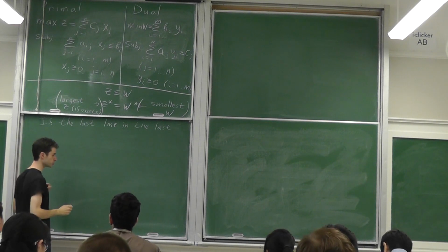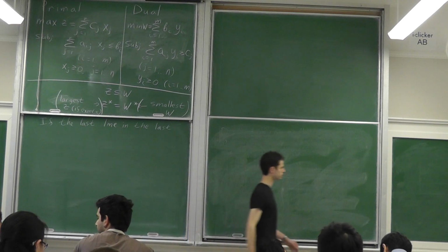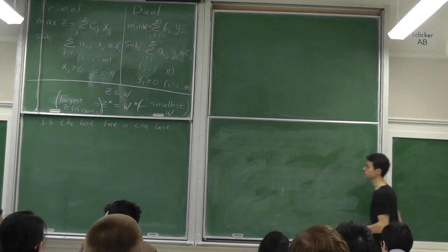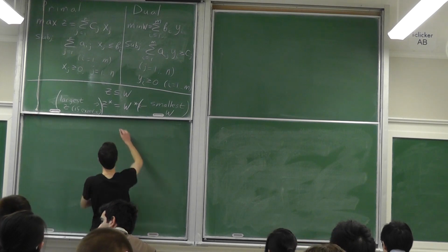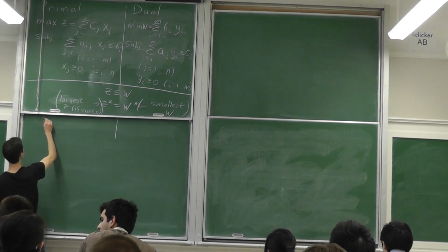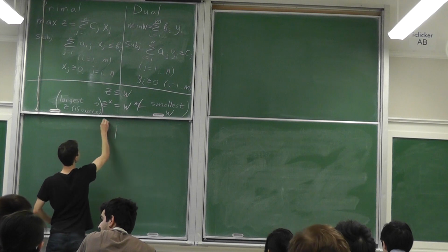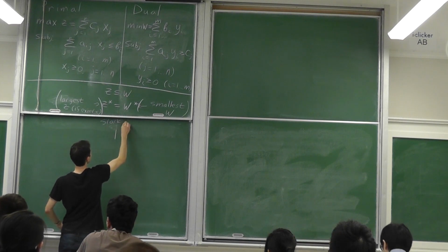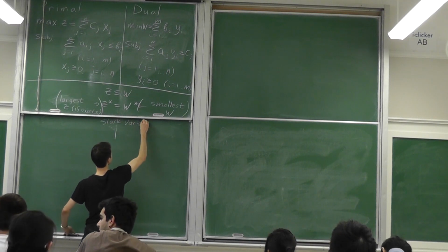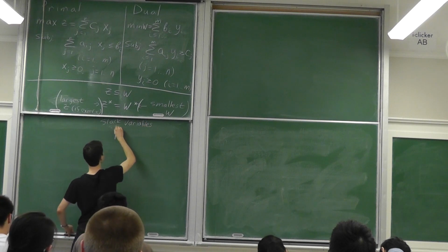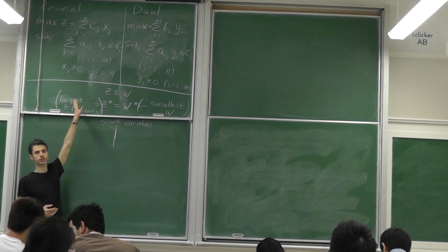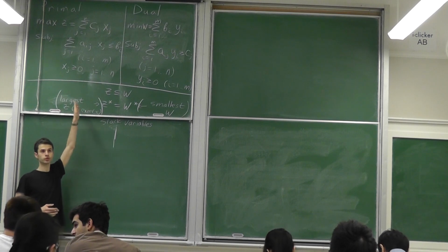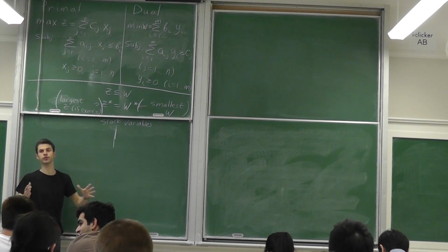For this I wanted to introduce the slack variables first. So let's do this. So continue with slack variables, all problems. I will introduce names for the variables which measure to what extent the inequality is far from actual equality.